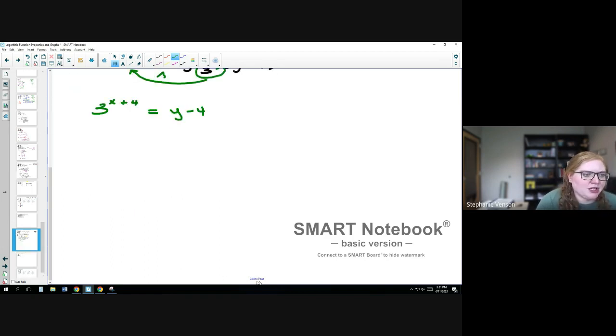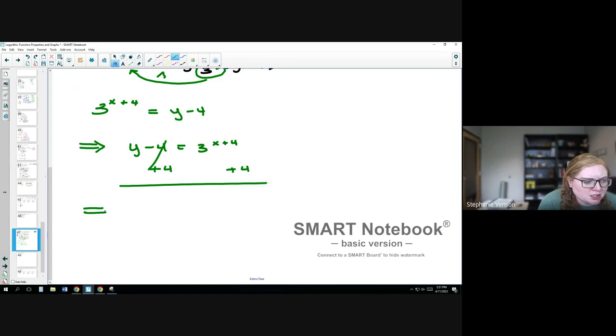I've got 3 raised to the x plus 4 equals y. Okay, so that's, or equals y minus 4, excuse me. So that's y minus 4 is equal to 3 to the x plus 4. So I've almost solved for y. The only thing I need to do is add 4 to both sides.